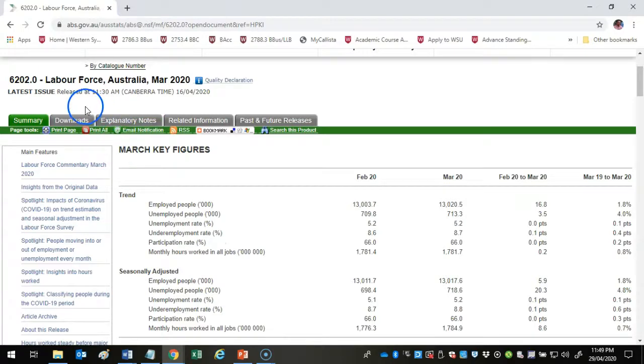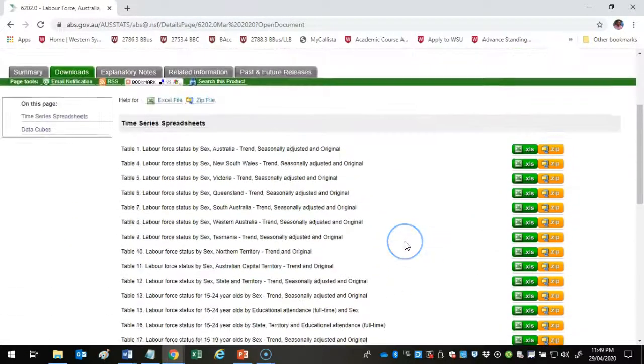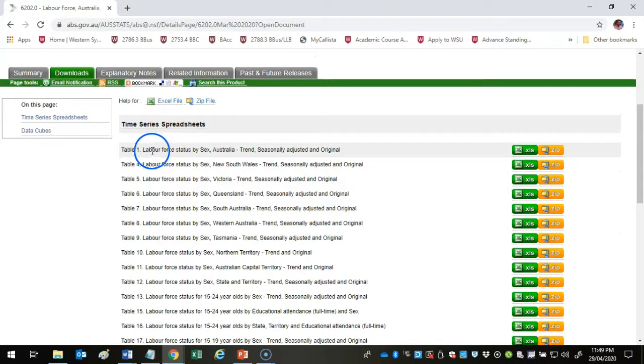So what we need to do is go to Downloads, and there's a whole bunch of files here which have data in them. And we'll just take the first one because this has all the information about the labour force. And in addition to that, it divides up according to male and female as well. And there's all these other ones as well, but we're only interested in this as the most general one.